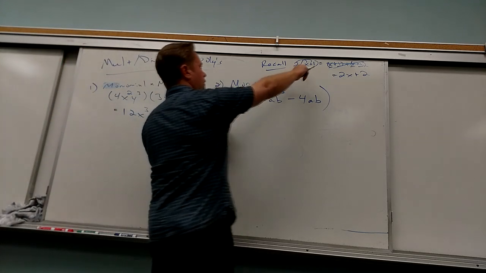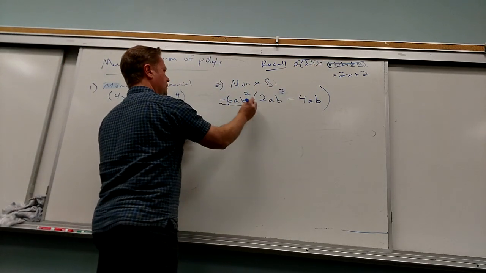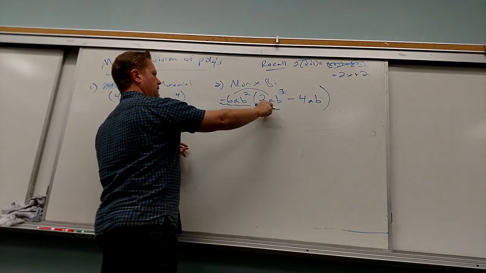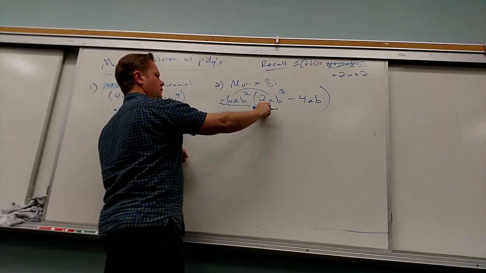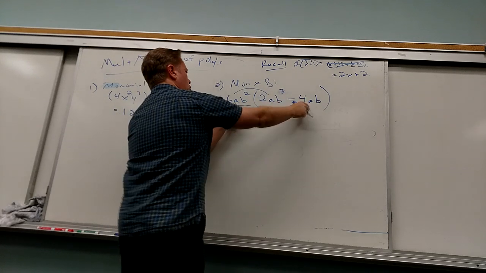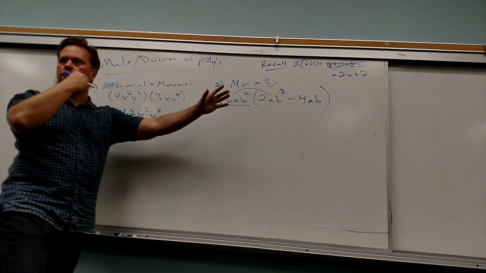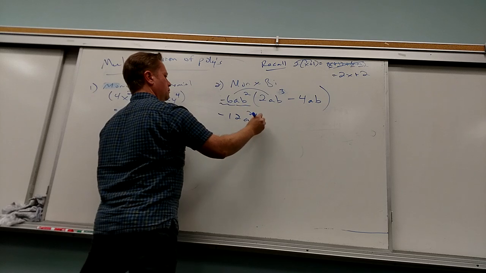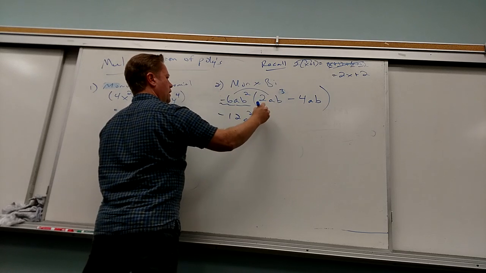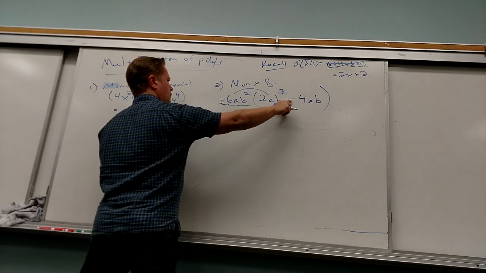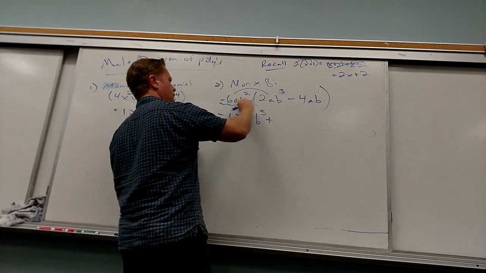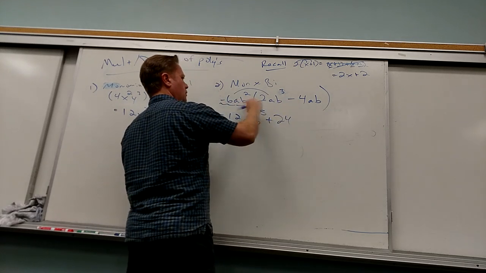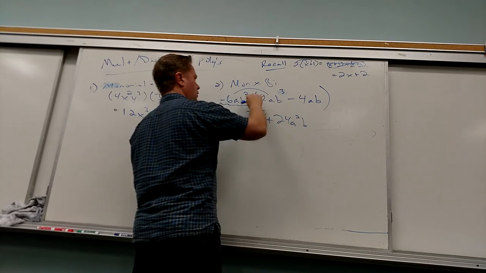So here, I just kind of use that same concept. What do I get here? See how it's just like 2 of these problems in one problem. So negative 12a squared b^5 plus 24a squared b cubed.